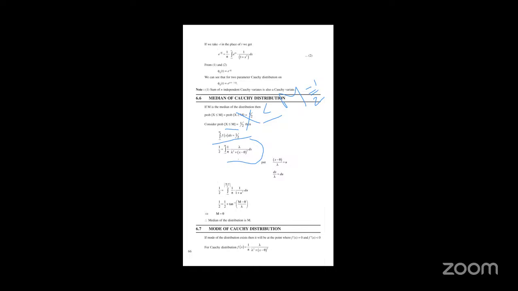So we take x minus theta by lambda equals u, and dx by lambda equals du.